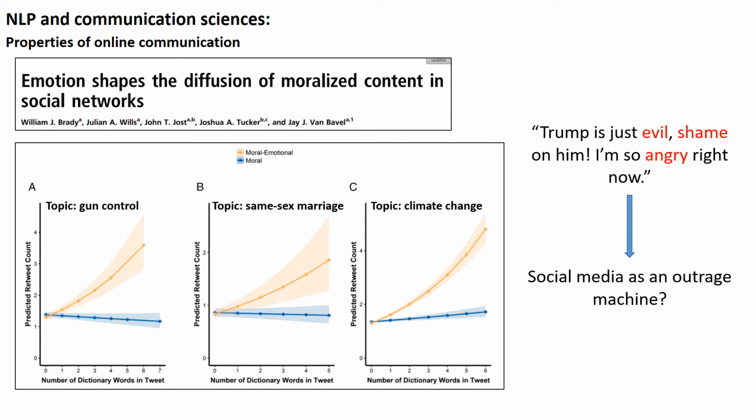And this is some evidence for an argument to say that social media is partially driven by an outrage machine, because those kinds of tweets condemn certain people, condemn certain groups, make us angry or sad, and these are exactly the tweets that are more likely to be picked up by the Twitter conversation.